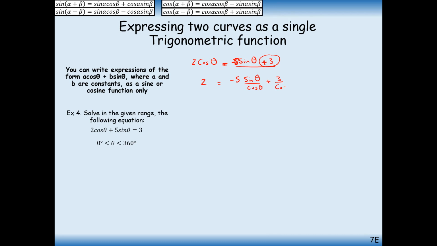This 3 divided by cos is nonsense. That doesn't help us get a tan that we wanted. Yes, this expression does give us tan here, but this nonsense here doesn't help us solve it. So let's look at the correct way to solve this kind of equation.